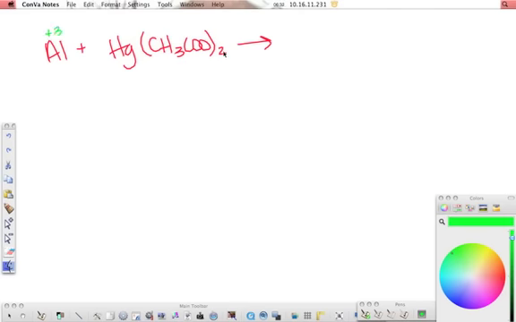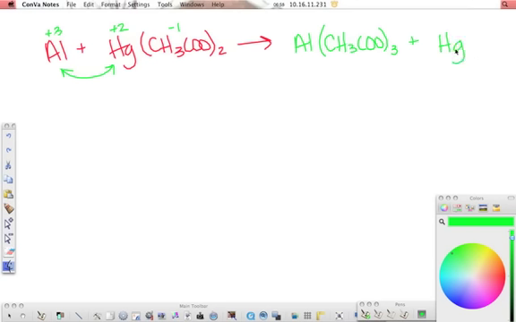Mercury in this case, according to this 2 right here, is a +2. And acetate is always a -1. So our positive guys are going to switch. And you're going to end up with, since aluminum is a +3 and acetate's a -1, aluminum acetate, 3 of them to balance out that charge, plus pure mercury.